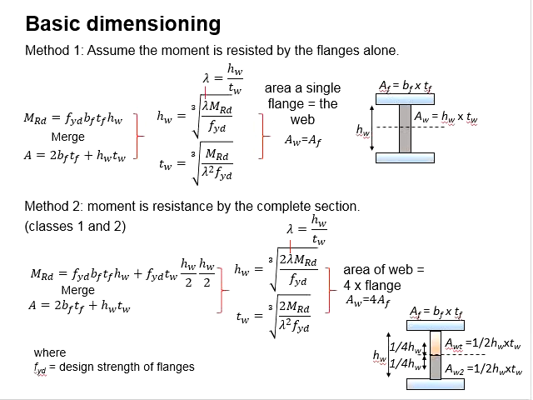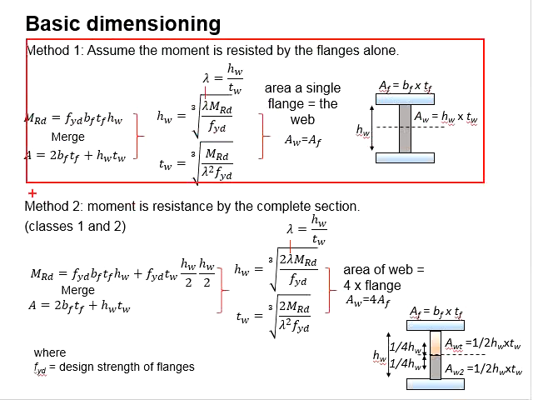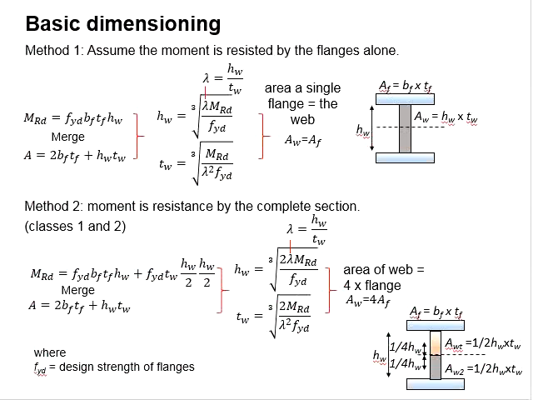This slide compares the equations used in method 1 and method 2. Method 1 assumes that the moment is purely taken by the flange. However, it acknowledges the entire cross-sectional area of the plate girder to be the combination of the area of the flange and the web.